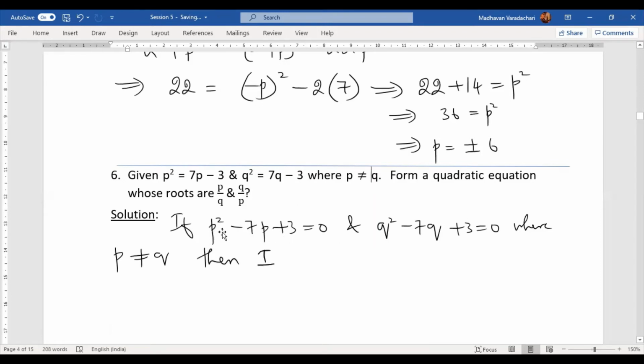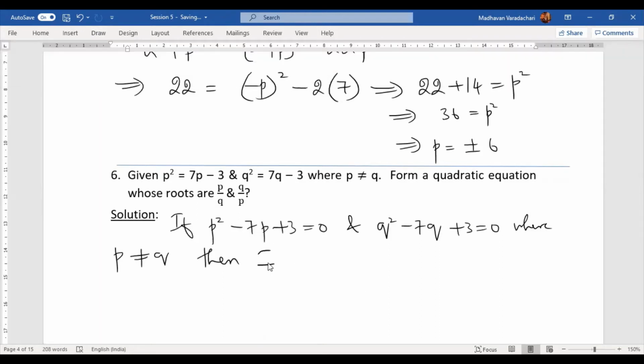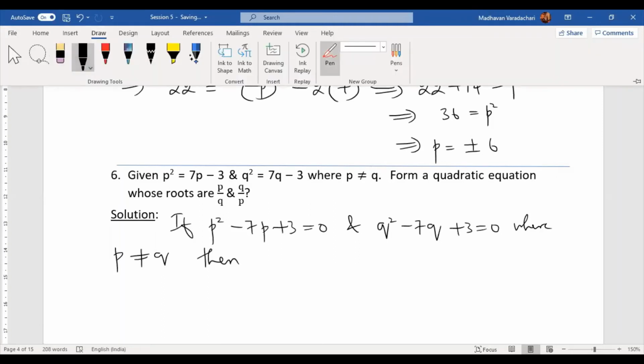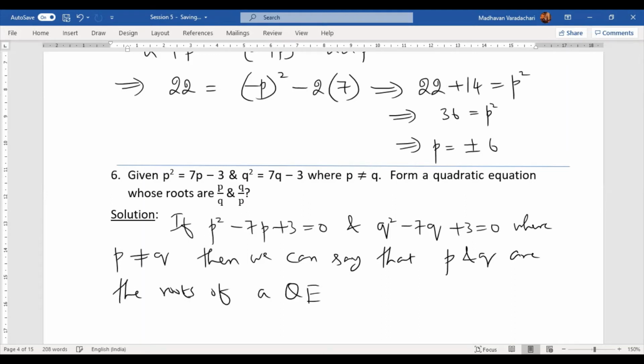You may notice both are same except that here it is P, here it is Q. But they also say P is not equal to Q. Then I can conclude that P and Q are the roots of a quadratic equation.